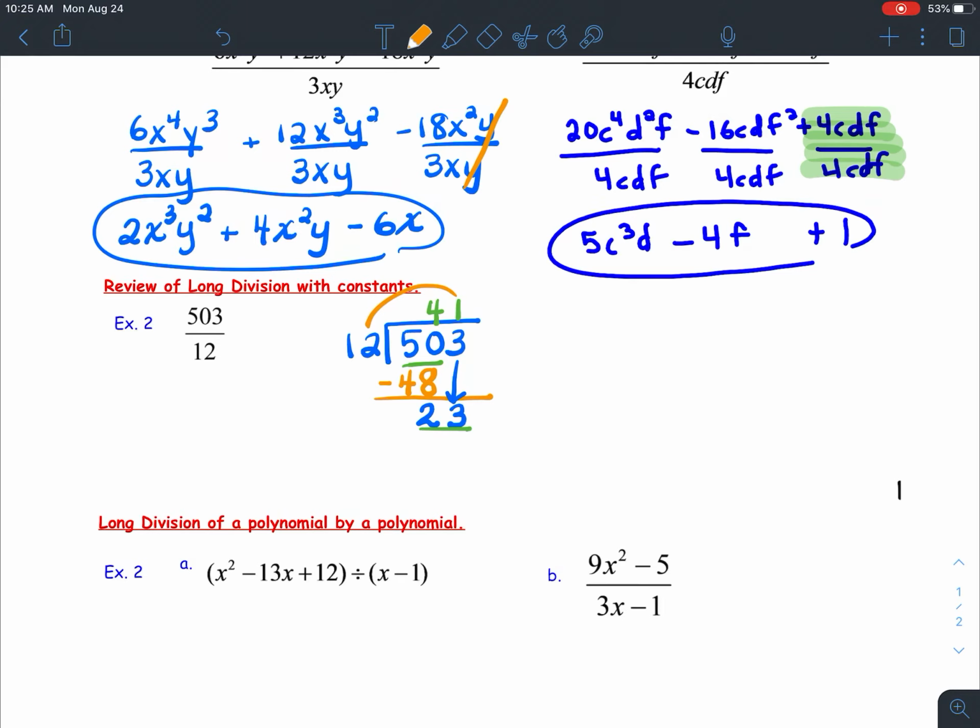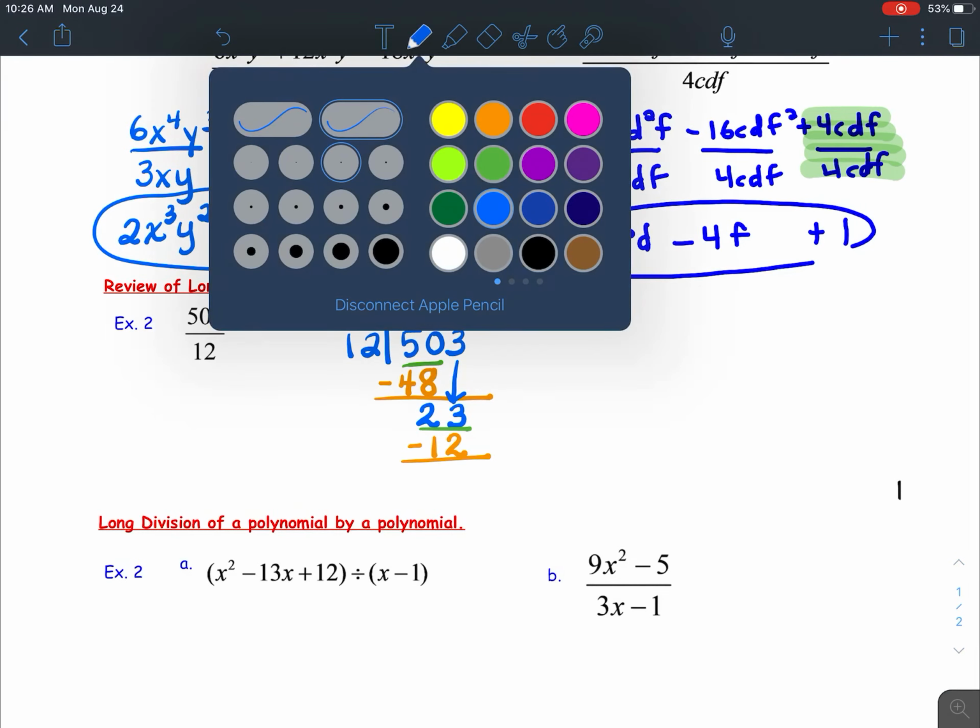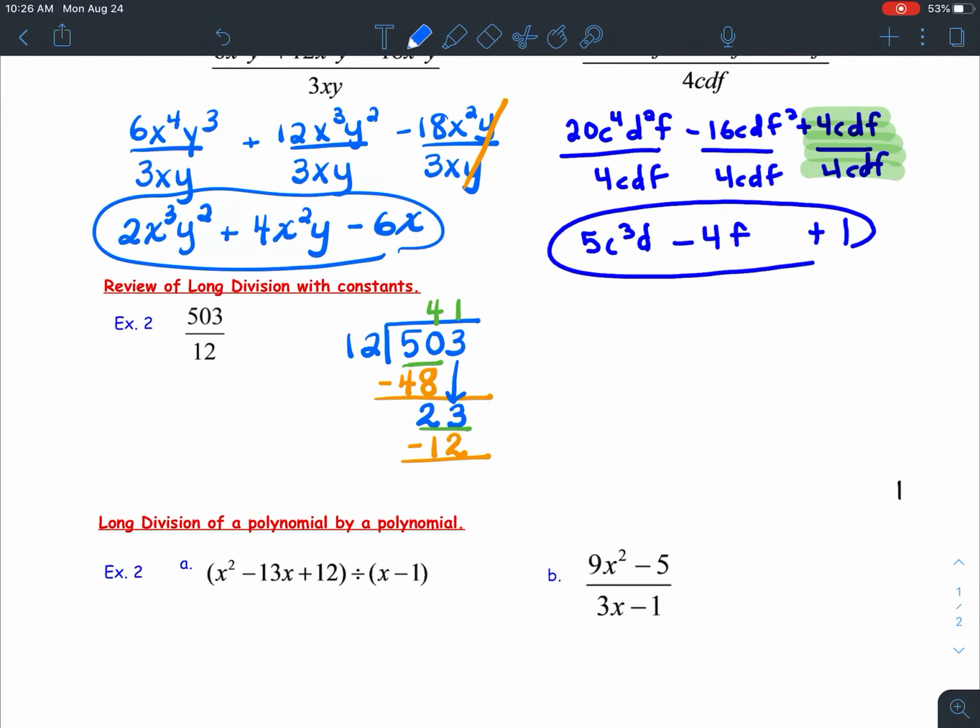Okay, so then we take that 1 that we just put up top, and we multiply the 1 times the 12, and we write that answer underneath the 23. Okay. Again, I'm not adding 12 and 23. I'm going to flip the sign on the 23, and then I'm going to subtract 12 from 23, and that would give me 11. Okay.